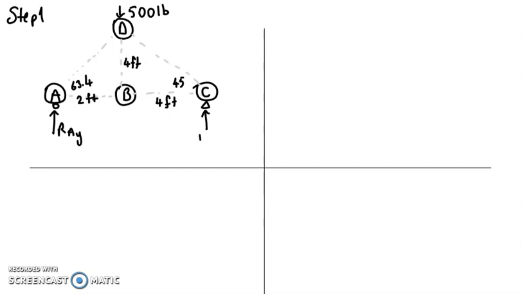I can draw it like that: R_Cy, and R_Cx in the x direction. The directions here I chose randomly, but when I do the calculation, if I get a positive value, then the direction I chose is correct. If I get a negative, then I have to change direction.